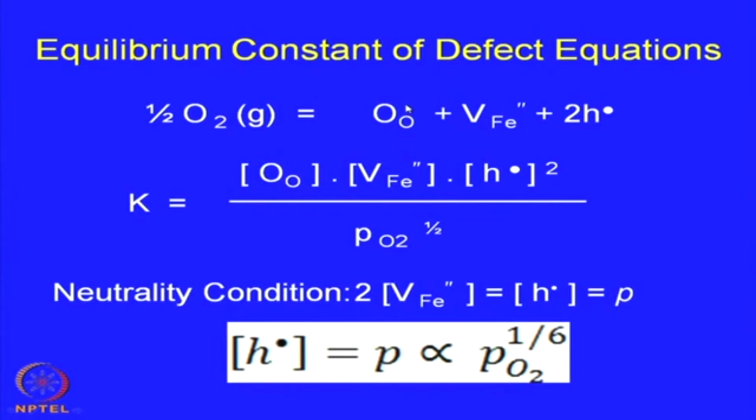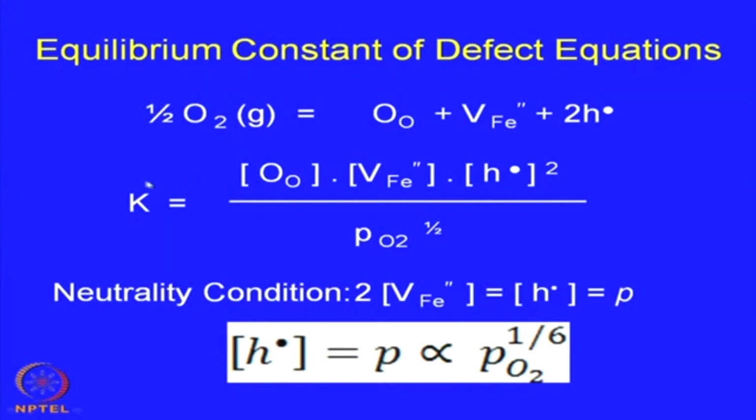So, it is the concentration multiplied by this concentration and multiplied by this concentration. This concentration is h squared because the coefficient is 2, and on the left side you have O2, and so half of that, this coefficient is half.